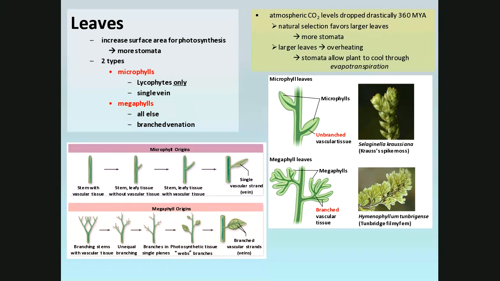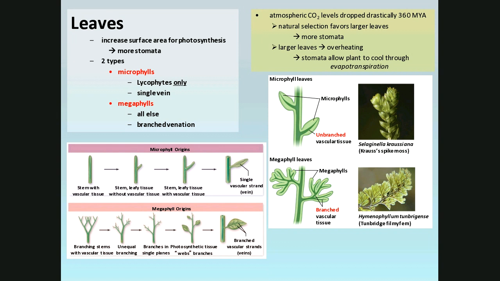You can see how a microphyll comes about in the bottom there on the left. You got a stem with vascular tissue. So a mutation or whatever occurs, and we start to get this offshoot. And now we have a little leaf that expands out, and we got a little increased photosynthesis. That's pretty good. But let's go one step further. What if we take plants, like you see down below, see that branching stems with the vascular tissue? I said that's what whisk ferns look like.